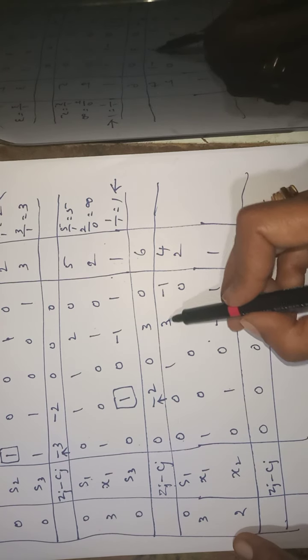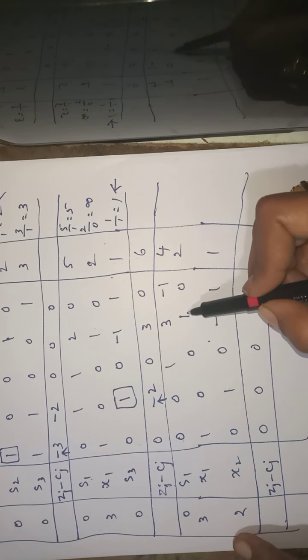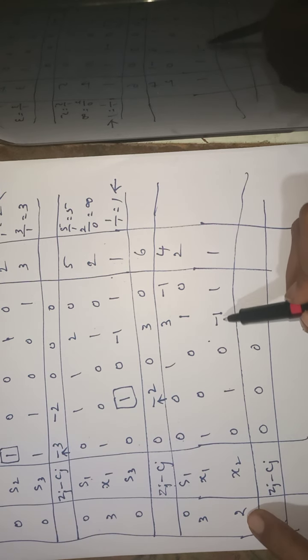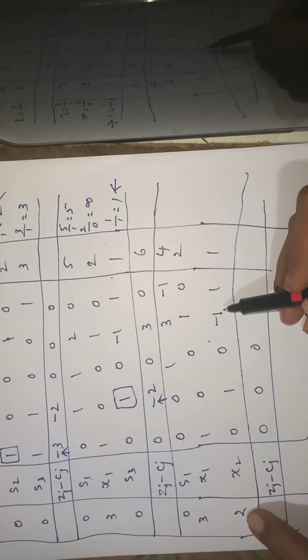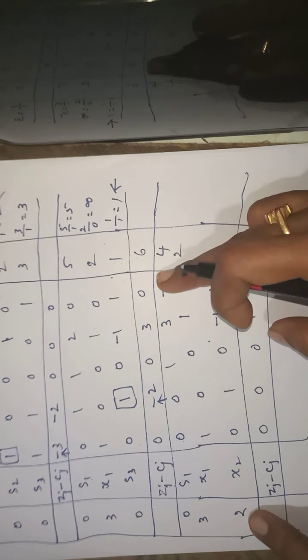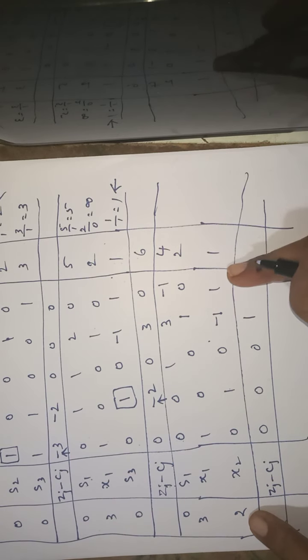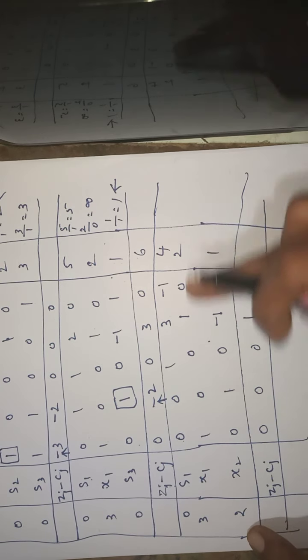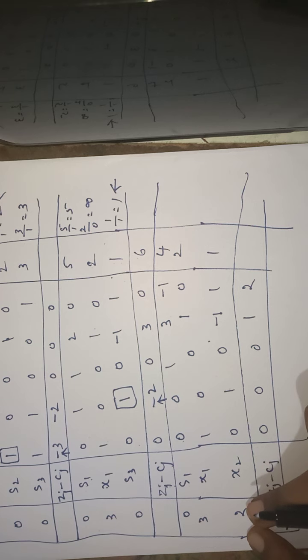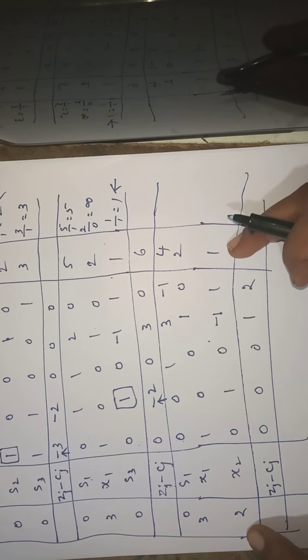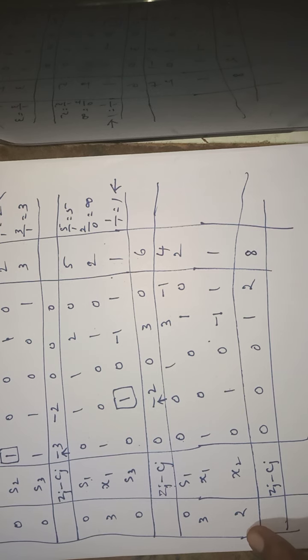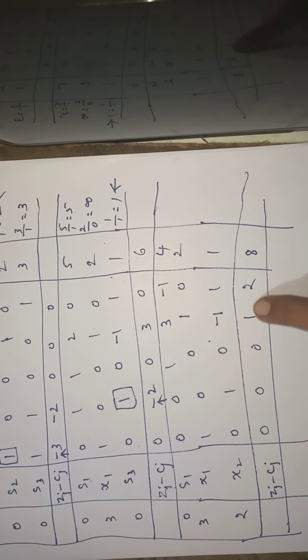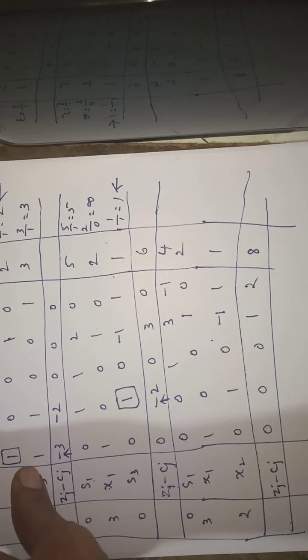Here 0 into 3, 0, 3 into 1, 3 minus 2 into 1, 2 into minus 1, minus 2, minus 0. 3 minus 2 is 1. 0 into minus 1 is 0, 3 into 0, 0, 2 into 1, 2, minus 0, 2. Now here 0 into 4, 0, 3 into 2, 6 plus 2 into 1, 2, 6 plus 2, 8.